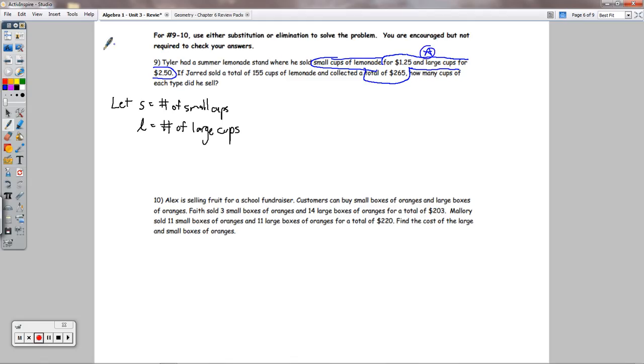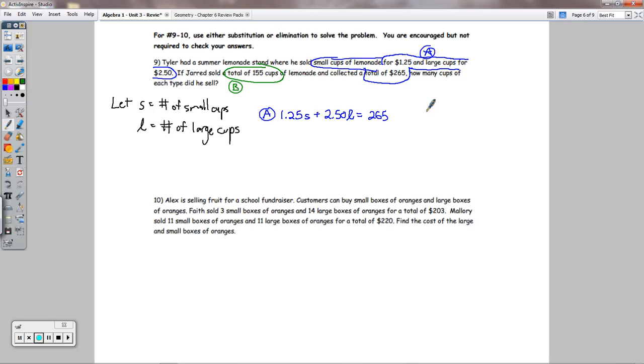I'll call this A. The other one comes from the fact that he sold a total of 155 cups, and I'll call that B. So equation A looks like this. Small cups were $1.25 each, so 1.25 times S plus 2.50 times L is going to equal the total value there, 265.